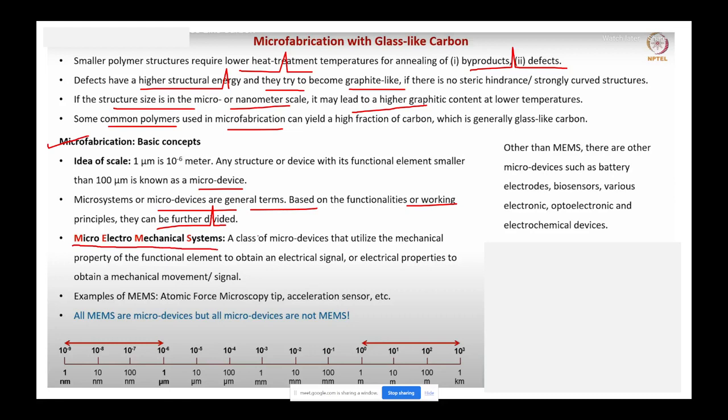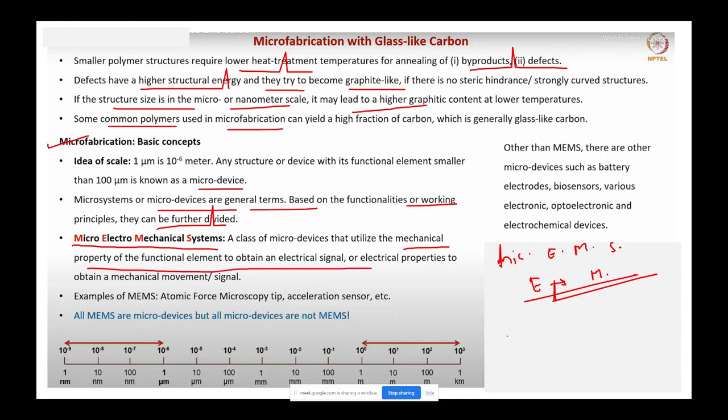Here you are applying electrical energy also, electrical and mechanical, so you will analyze both. It is a class of micro devices that utilizes the mechanical property of the functional element to obtain electrical signals.